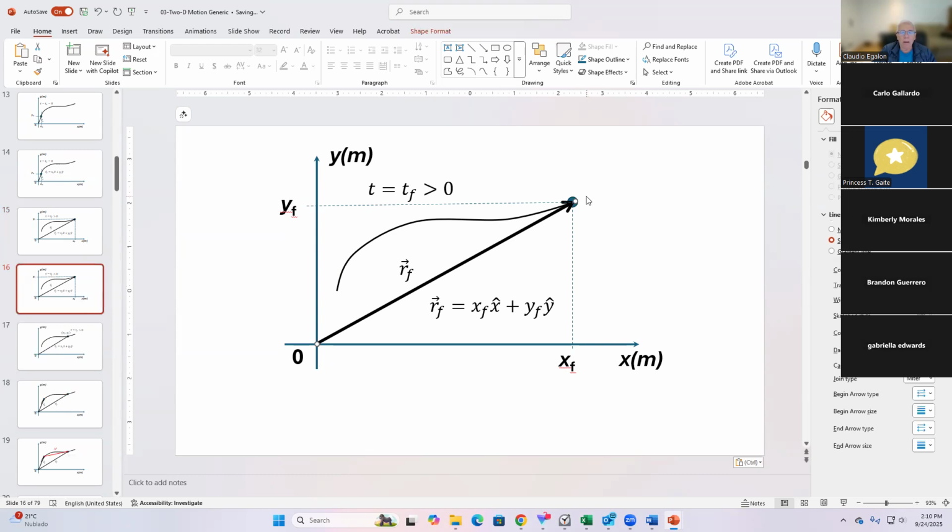As time goes by, this position vector keeps on changing in time. Not only is the particle going to be at a different position along this path, but this vector position also is going to change as time goes by.